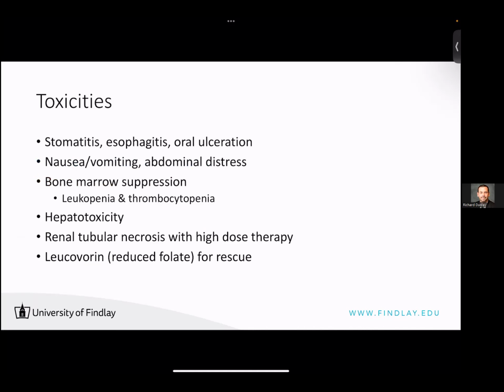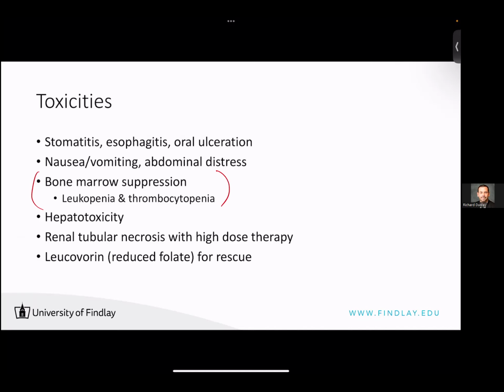Right? Toxicities. This should come as no surprise. Bone marrow suppression. Now, remember, the cells in your bone marrow are constantly turning over. They are an area of high proliferation, and a drug like methotrexate and other chemotherapy drugs don't differentiate between cancer cells and non-cancer cells that are rapidly turning over.